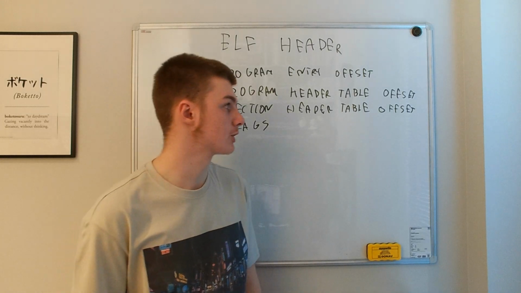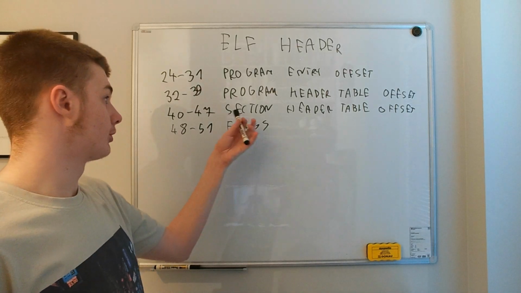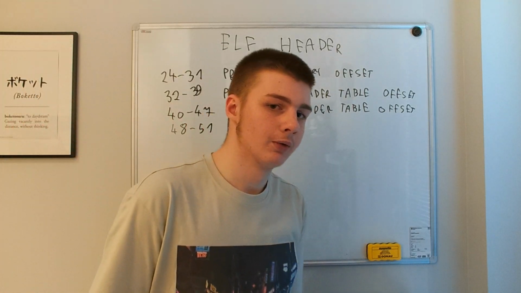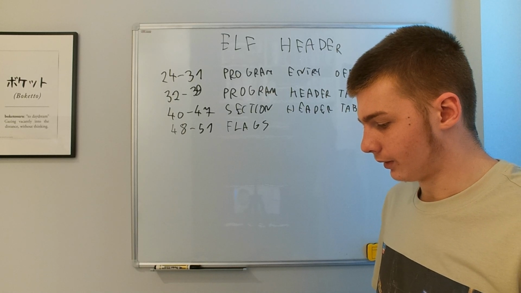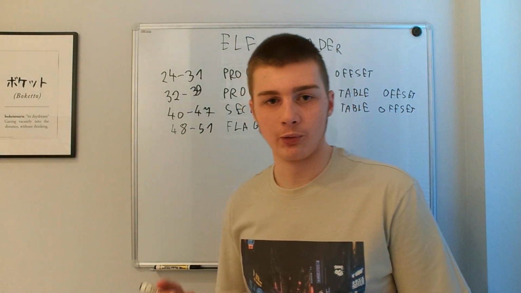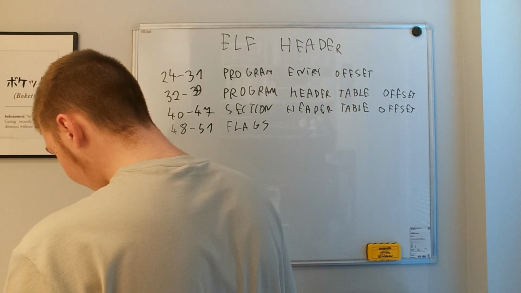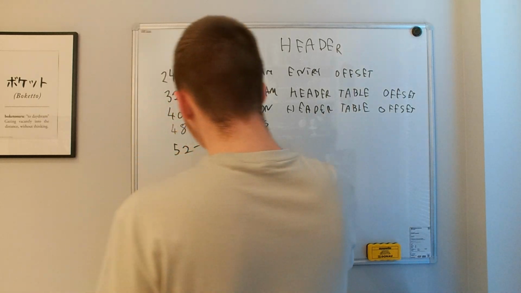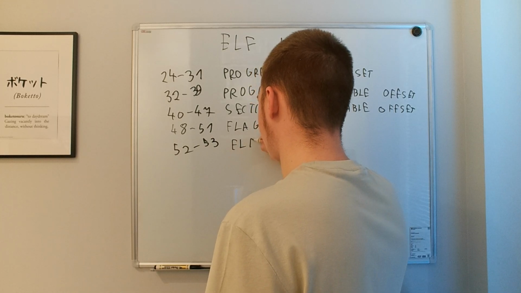I'm saying this because we're going to see flags in the program header table, and if you're going to read the section header table at some point, it might be important that if you want to follow the standards, then you want to enforce the most rigorous flags. So then 52 to 53 is the size of the ELF header.